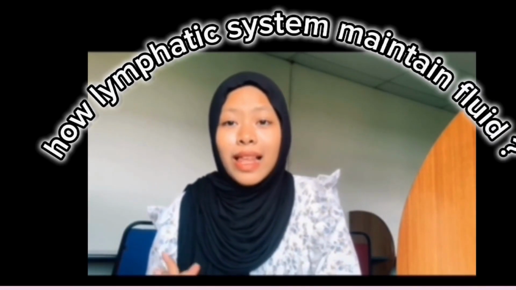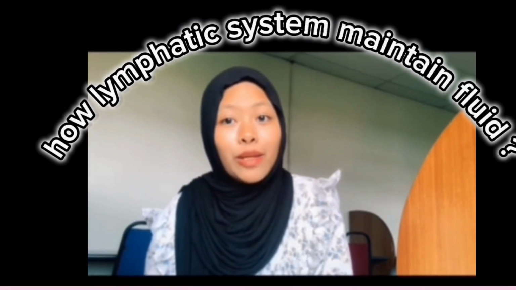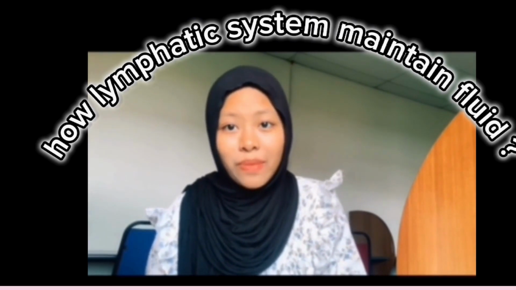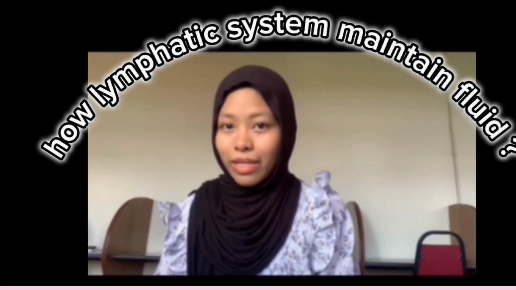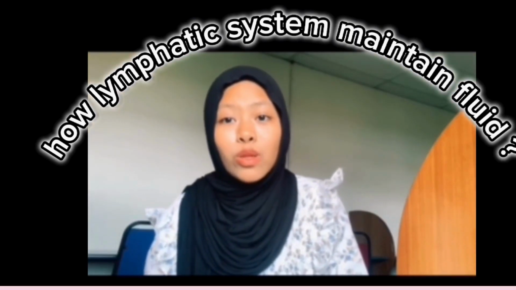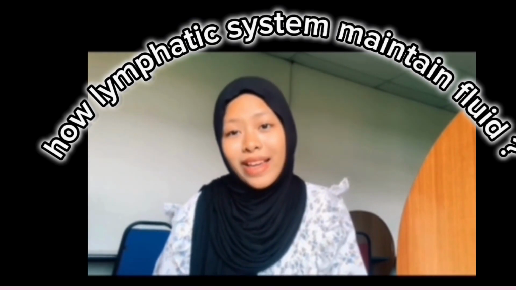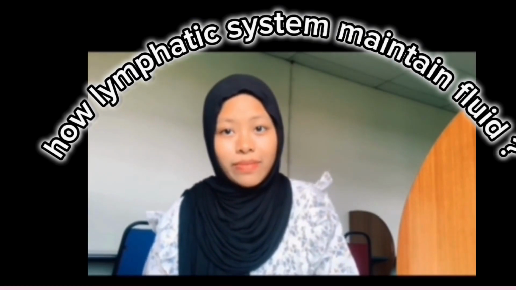Okay, the lymphatic system helps maintain fluid balance in the body by collecting excess fluid and particulate matter from tissues and depositing them in the bloodstream. It also helps defend the body against infection by supplying disease-fighting cells called lymphocytes.